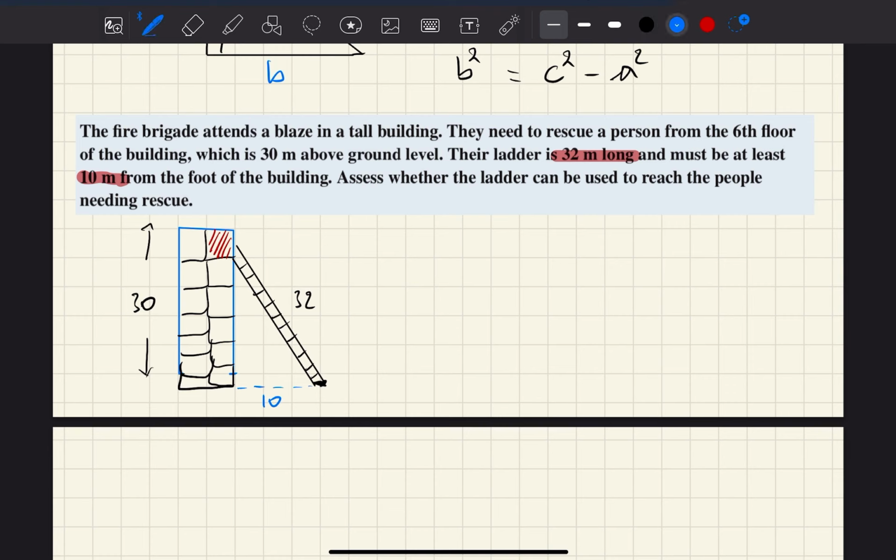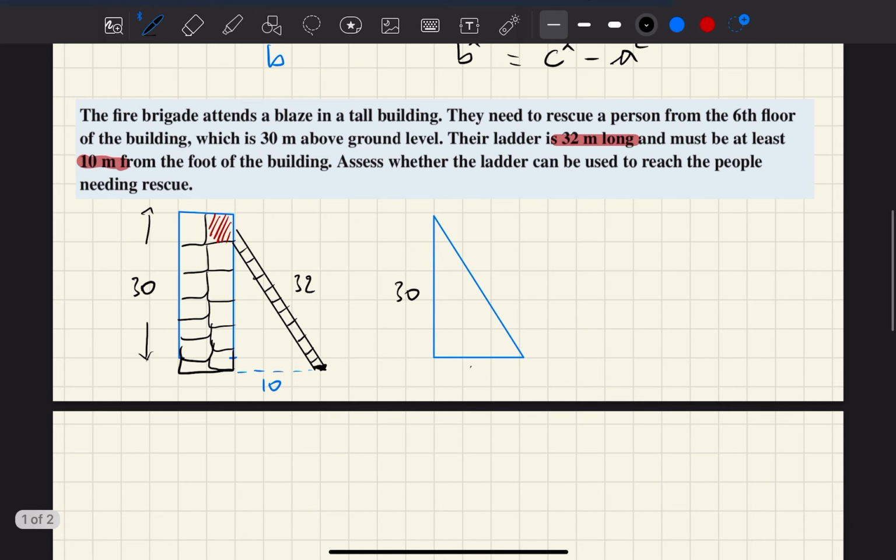I'm going to transform this question into a triangle, and the triangle looks like this. We know this is 30, and we know this is 10.